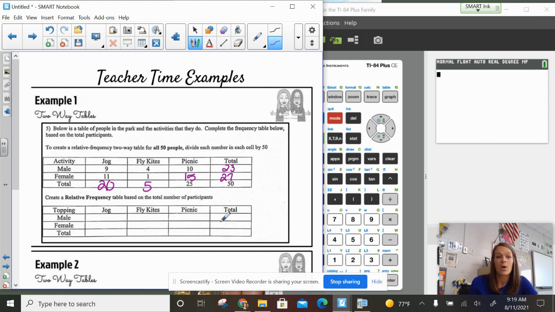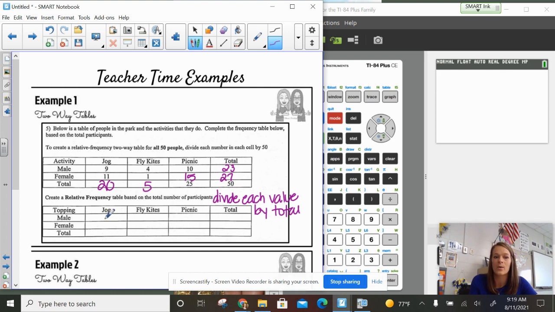All right, for the next part, when you're creating a relative frequency table, it is asking you to take each value and divide by the total. So divide each value by total. And when I mean total, I mean the final total, so like 50.